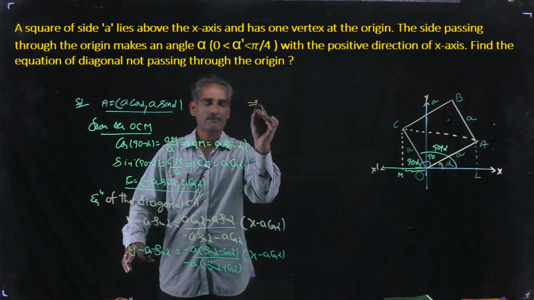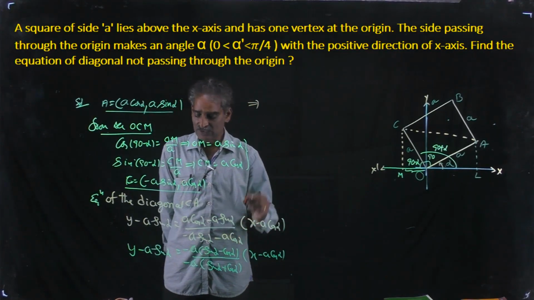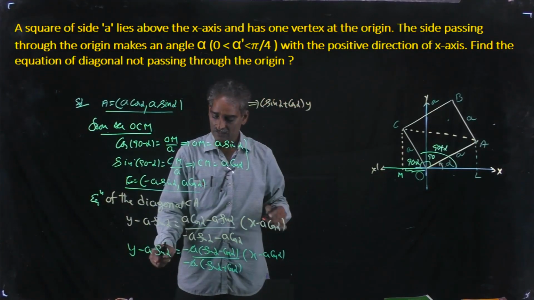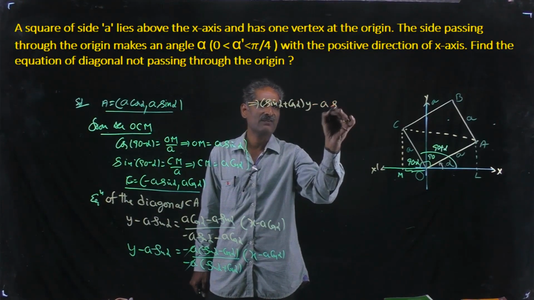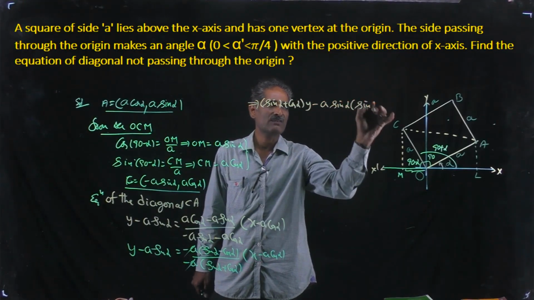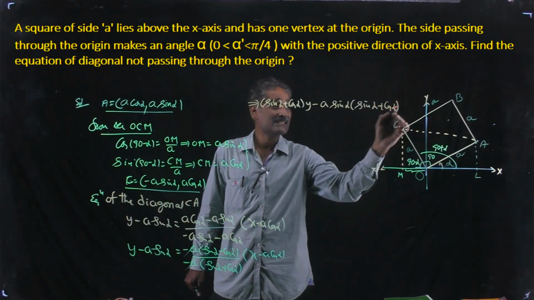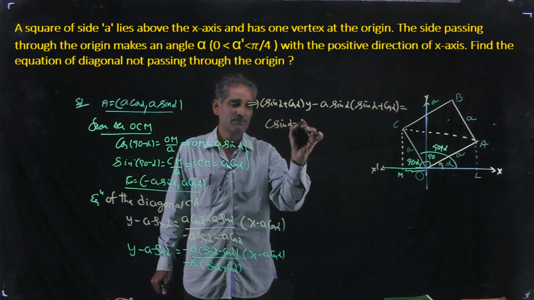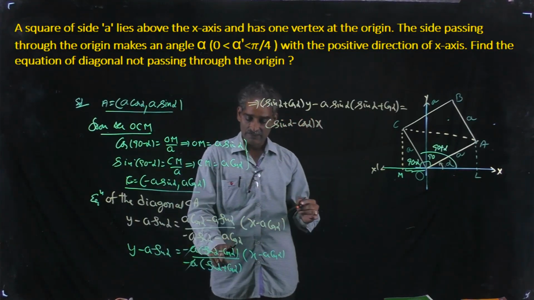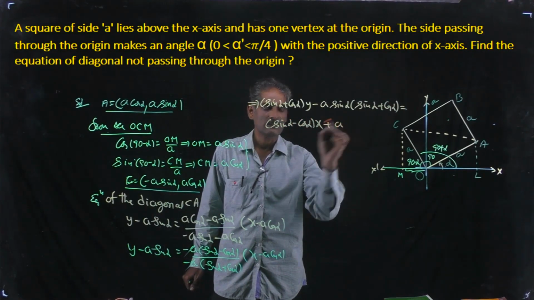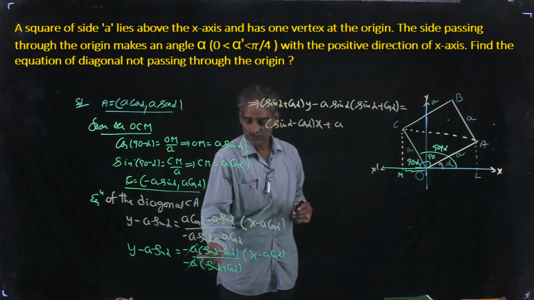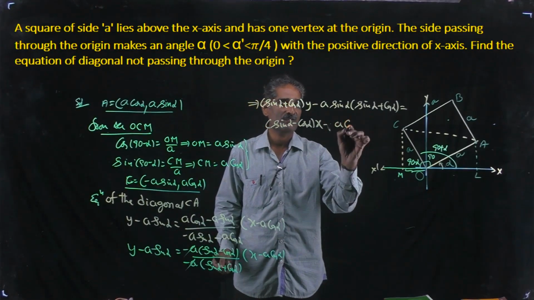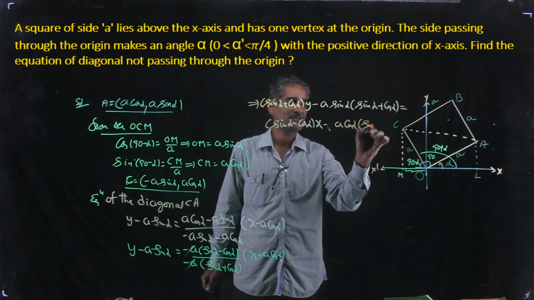Then we will get (sin alpha plus cos alpha) into y, minus A sin alpha into (sin alpha plus cos alpha), is equal to (sin alpha minus cos alpha) into x, minus A cos alpha into (sin alpha minus cos alpha).